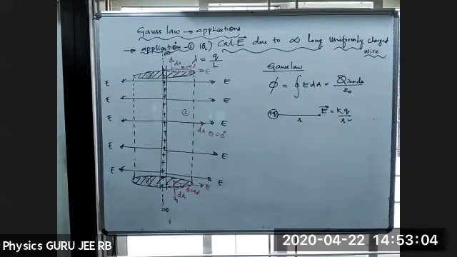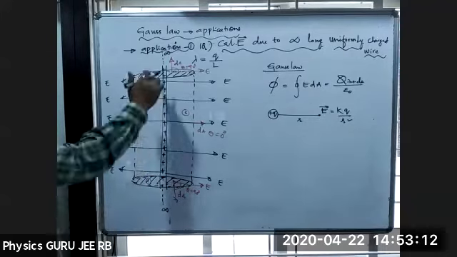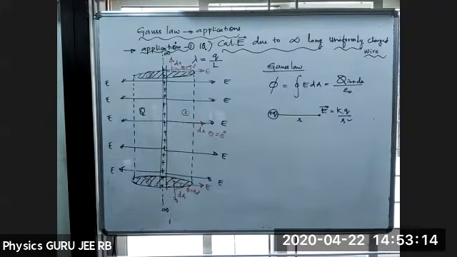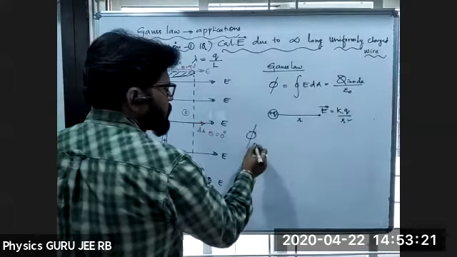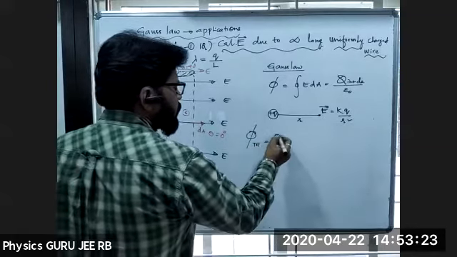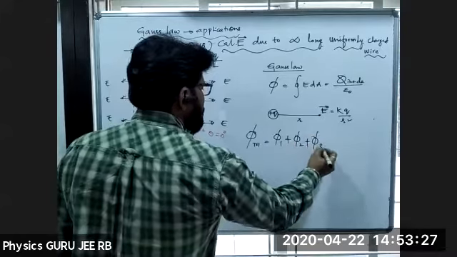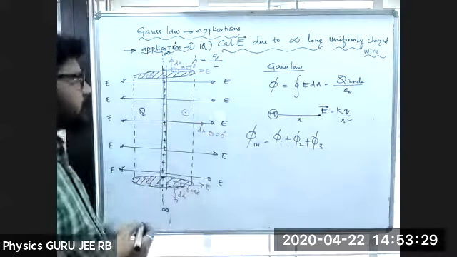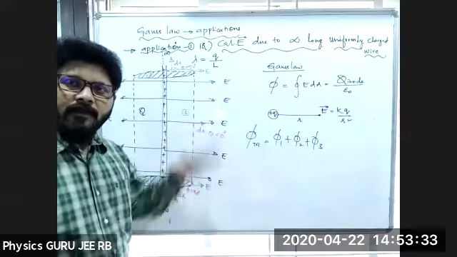This is nothing but a complete cylinder, and only that part we are trying to calculate. This complete charge, let us take it as Q, only till this point. So the total flux is equal to phi1 plus phi2 plus phi3: upward, downward, and curved.